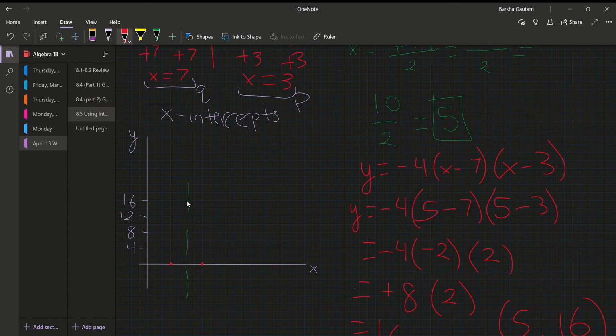So right up here. So I can go ahead and draw this right here. It's a little messy.